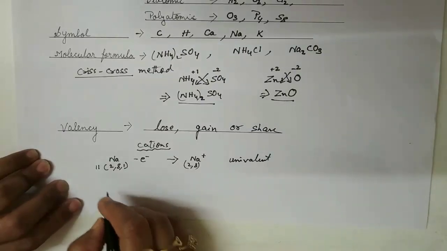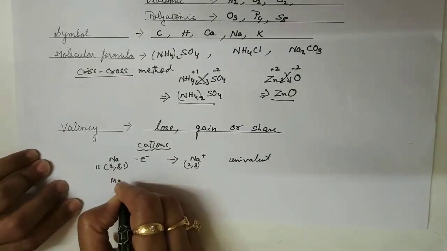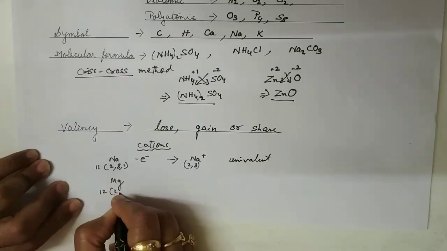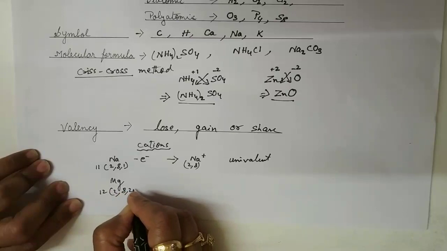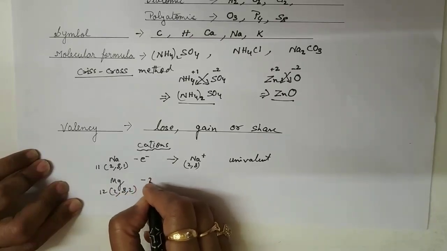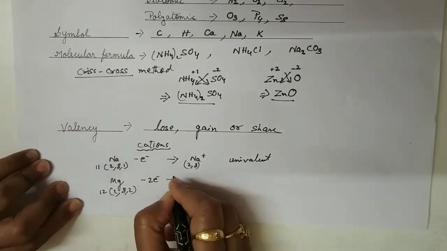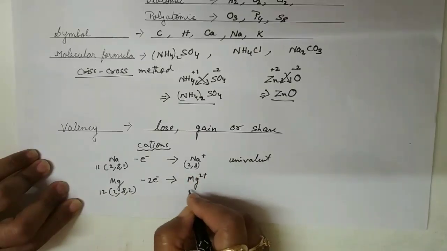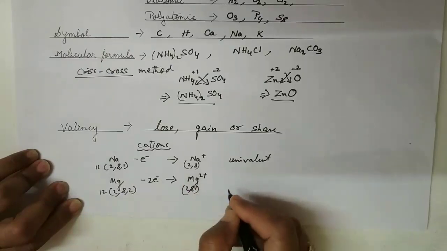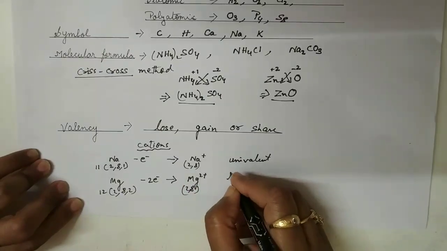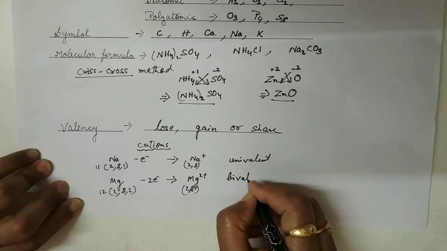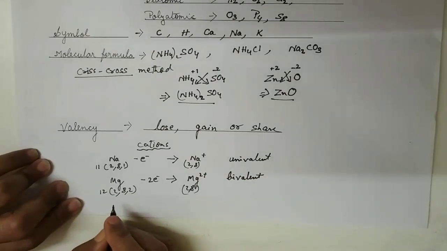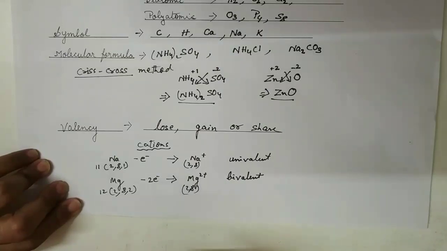Now, the next example let me take of magnesium and atomic number 12, electronic configuration 2, 8, 2, giving away 2 electrons would make it Mg2+ number of electrons. Now this is bivalent, valency 2. So it has lost 2 electrons.